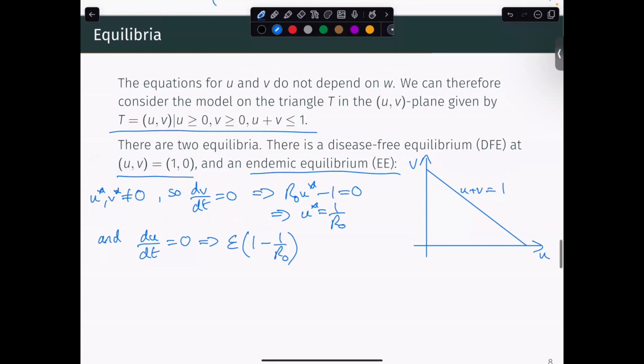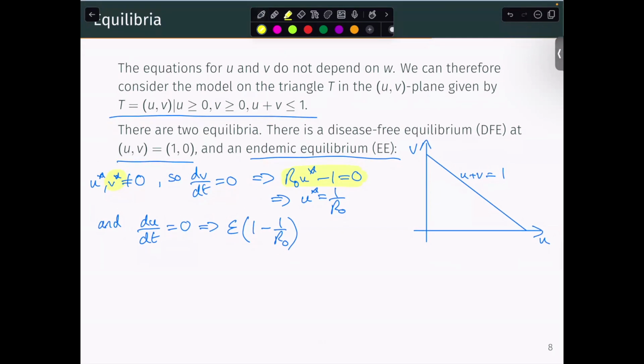Note that the reason is that we assumed V star was non-zero, which gave us this condition here. So we can't have V star equal to 0, just to make sure that's clear. So we substitute in our non-zero value of U star. So we end up with epsilon times 1 minus 1 over R naught. The same reasoning here, that we can't have U equal to 0.